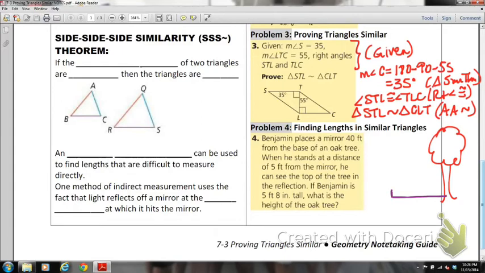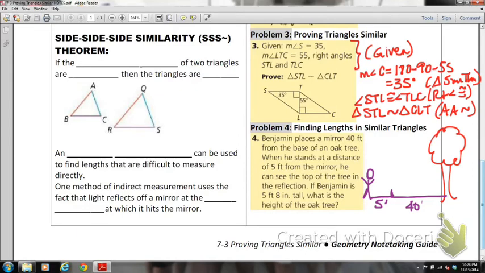So here's where his mirror is. And then he's standing 5 feet away from the mirror. So let's go 5 feet away from the mirror, and let's draw Benjamin. Okay. Now he is 5 feet 8 inches tall.